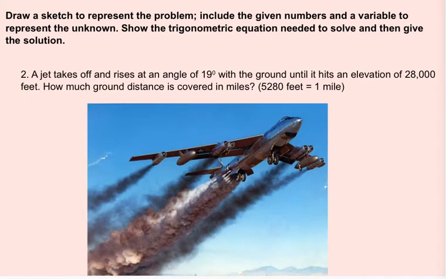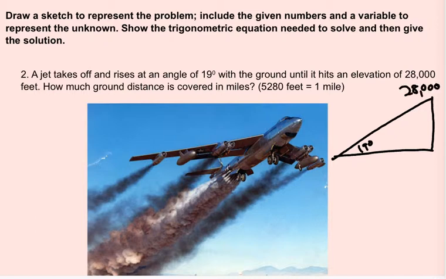All right, so a jet takes off and rises at an angle of 19 degrees with the ground until it hits an elevation of 28,000 feet. How much ground distance is covered in miles? All right, so taking a look, this takes up a lot of space, so we're going to have to kind of draw it underneath. So jet takes off at an angle of 19 degrees, and the elevation, the height here is 28,000 feet.